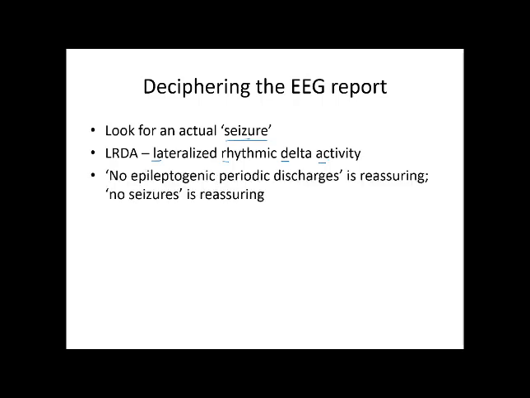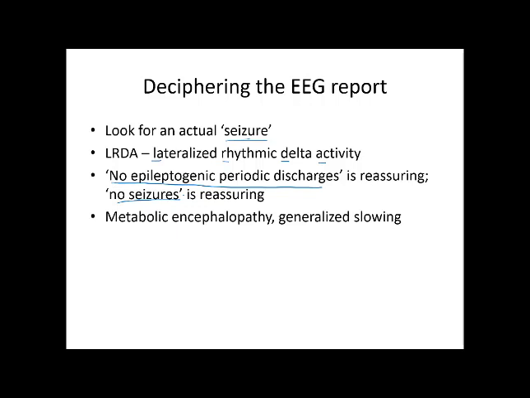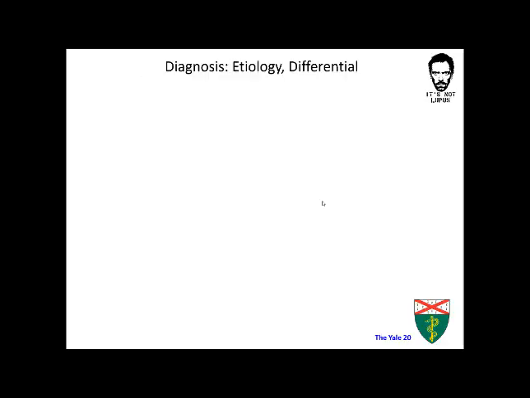Reassuring words are if there are no epileptogenic periodic discharges or no seizures. Also, something that we frequently see on our medicine EEGs is generalized slowing, reflective of metabolic encephalopathy. This means the brain is kind of off, but it's really not having excitability that's concerning for seizure.